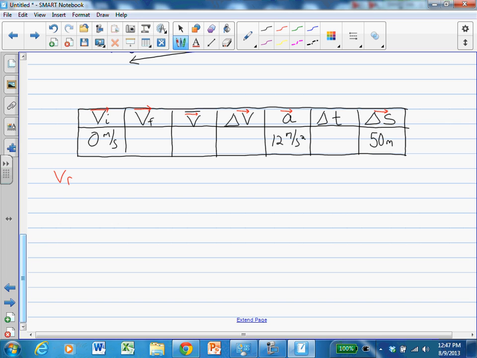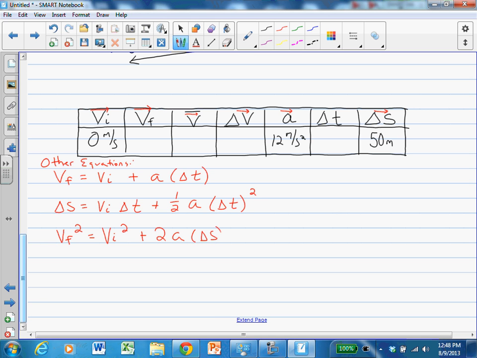The equations that we have are VF equals VI plus A delta T, delta S equals VI delta T plus 1/2 A delta T squared, VF squared equals VI squared plus 2A delta S. So 3 more equations here.